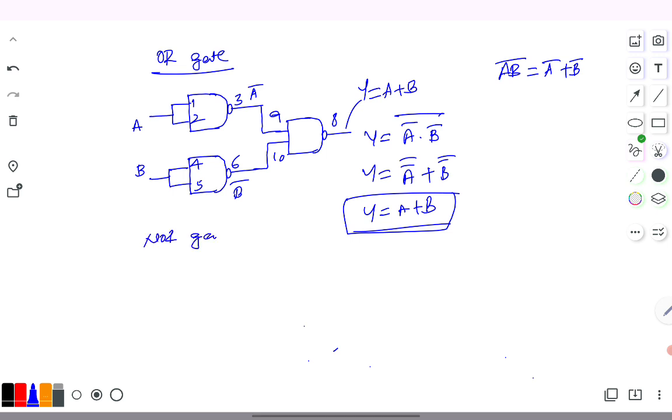NOR gate. For this one, I will connect one NAND gate.